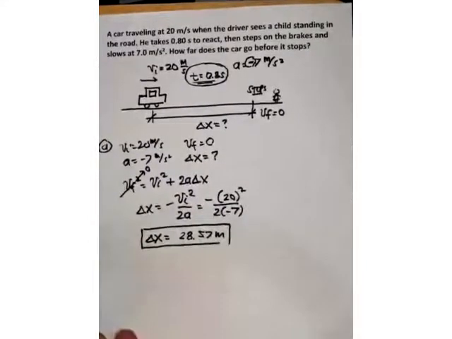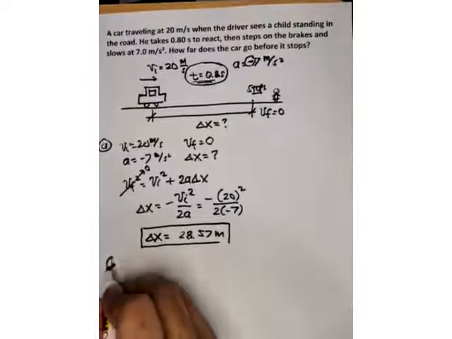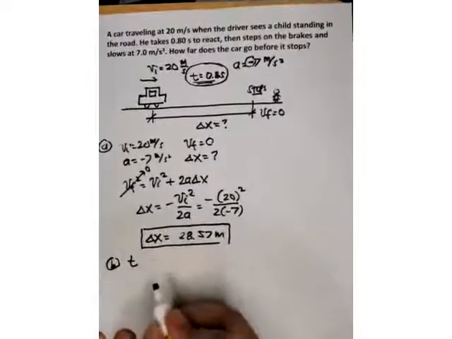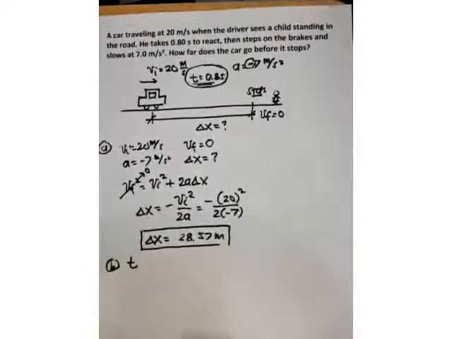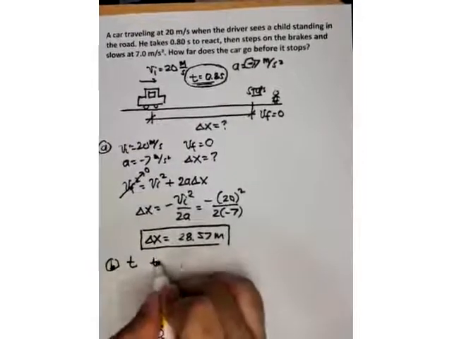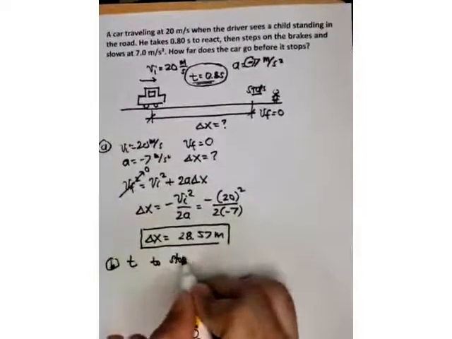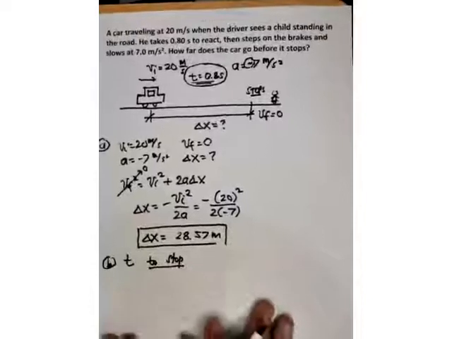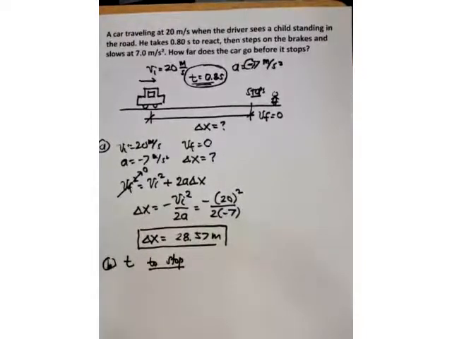Okay. So let's add something to the problem para naman hindi sayang yung problem natin. B, what is the total time of the motion? So time to stop. Okay. What is the time of the motion? So gagamitin nating formula ay yung pangatlo.